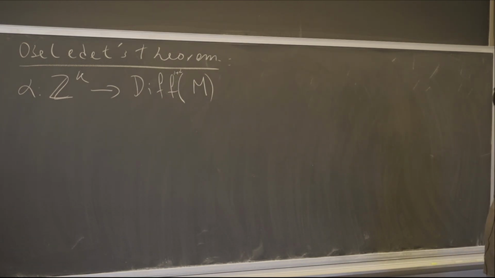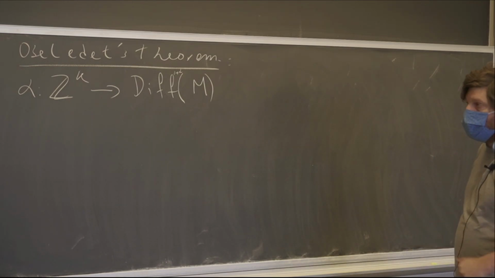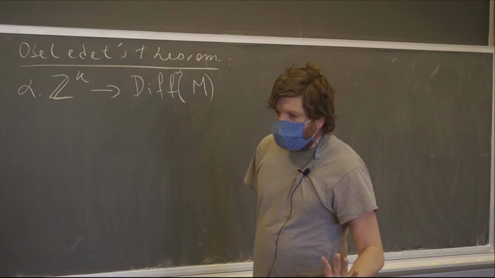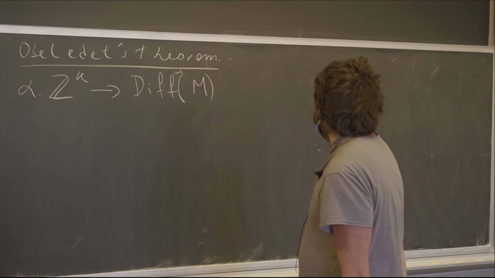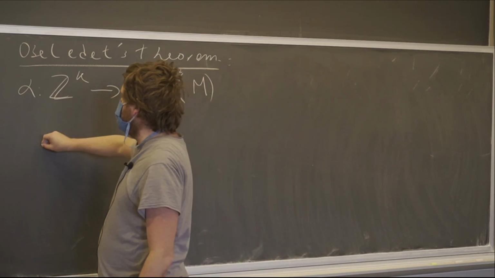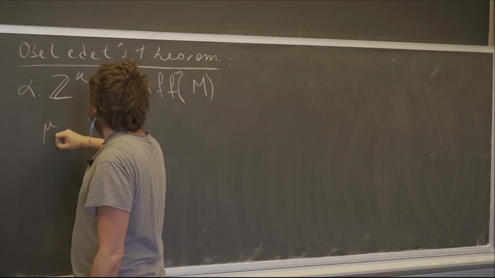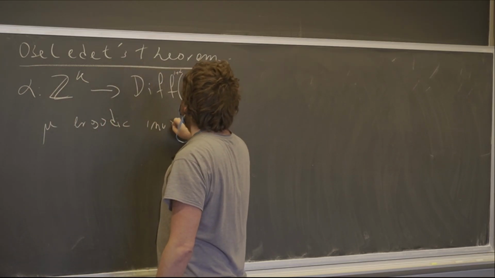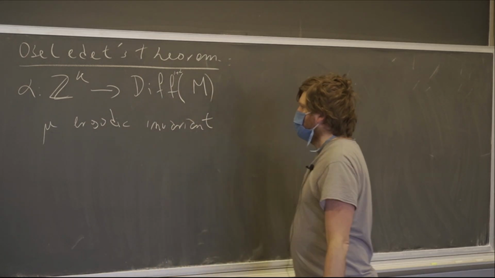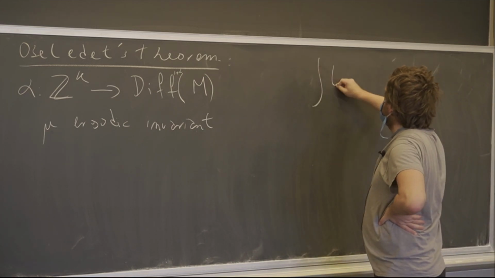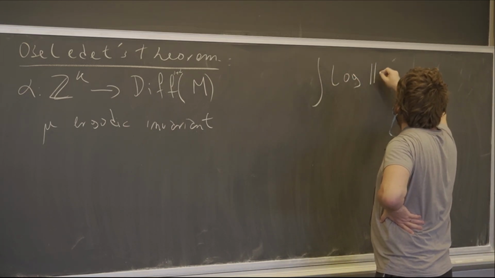It's about cocycles, Oseledets' theorem. So you just need a measurable cocycle with some integrability property. What type of integrability is a little bit subtle. I will not enter into this discussion, but you need essentially a little bit more than log L^1. So mu an ergodic invariant measure. You don't need ergodic, but you can always assume it's ergodic. So I like to work with ergodic. Ergodic for the whole action. And that would be the standard type of assumption.